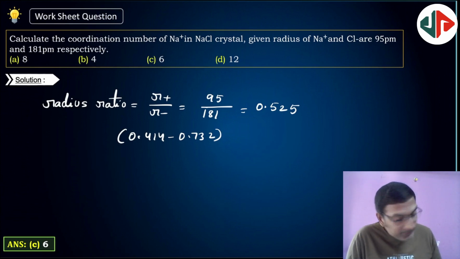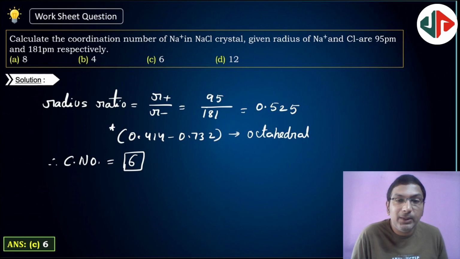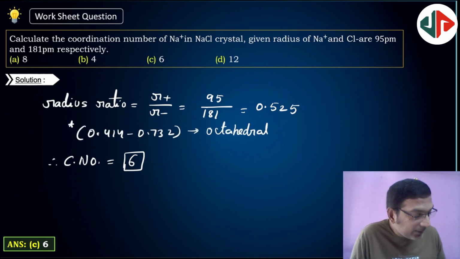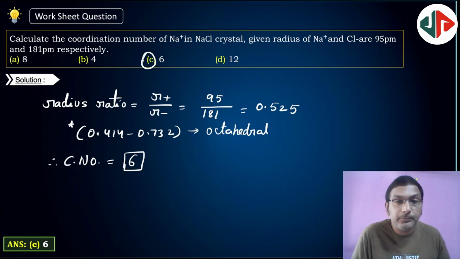Therefore coordination number is 6. This radius ratio is for octahedral. So the obtained value is in the range of 0.414 to 0.732. Therefore octahedral, coordination number 6. Option C. Next.